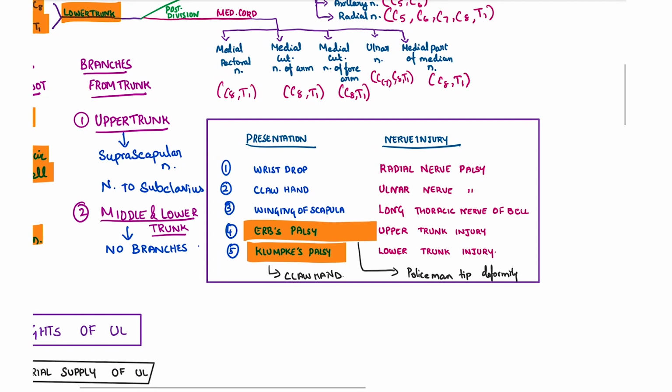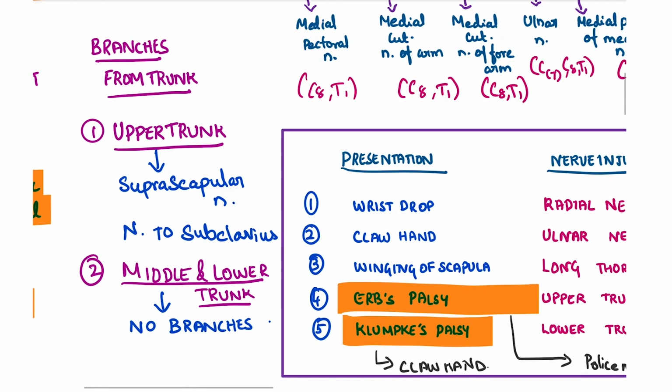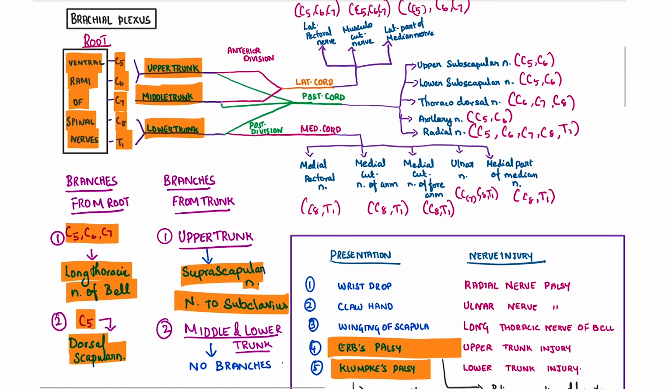So we have seen upper trunk injury and lower trunk injury. Are there any branches from the trunks? The upper trunk gives rise to two branches, namely the suprascapular nerve and the nerve to subclavius, while the middle and lower trunks do not give rise to any branches. The trunks then divide into divisions, namely anterior division and posterior division.